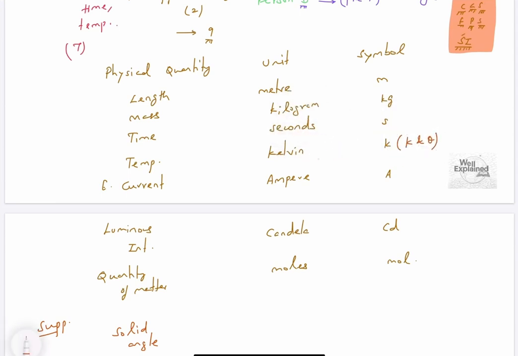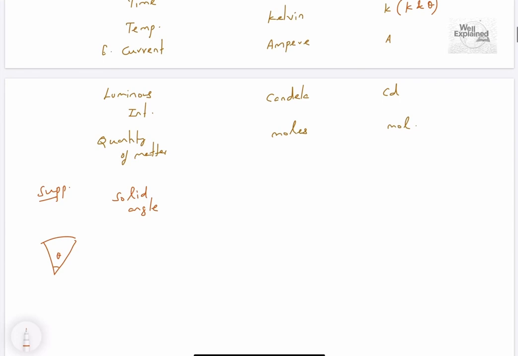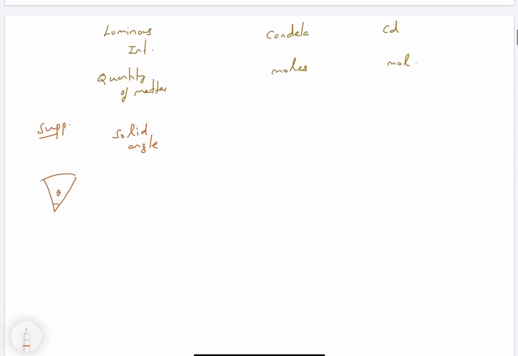Very, very important, because even I have made mistakes by not distinguishing both. Solid angle, okay, let's write plane angle first. Plane angle is for radian, simply rad.